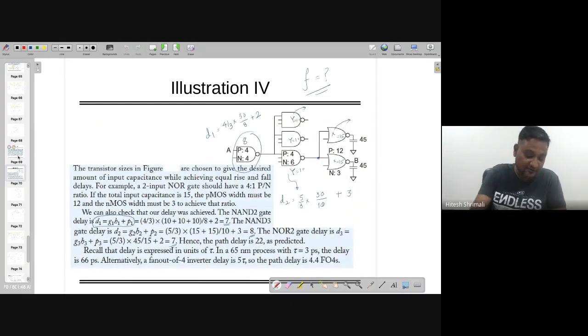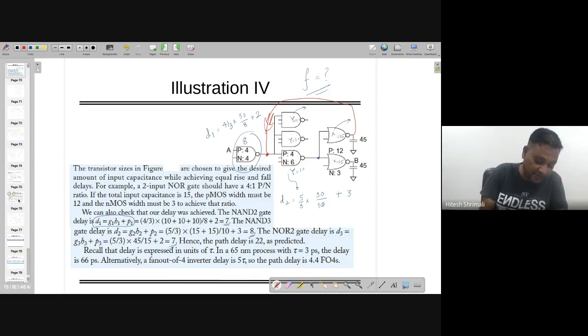But if somehow this is coming back here, or with some other logical effort like this, or if the memory circuits and other things will be there, finding the logical effort through this technique may be difficult.